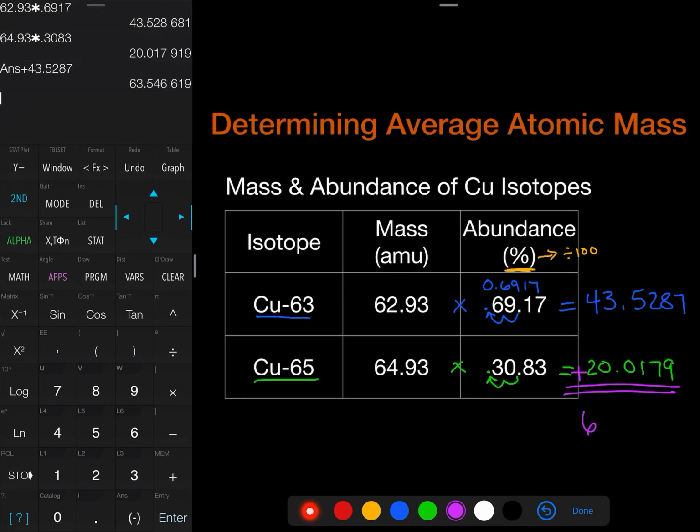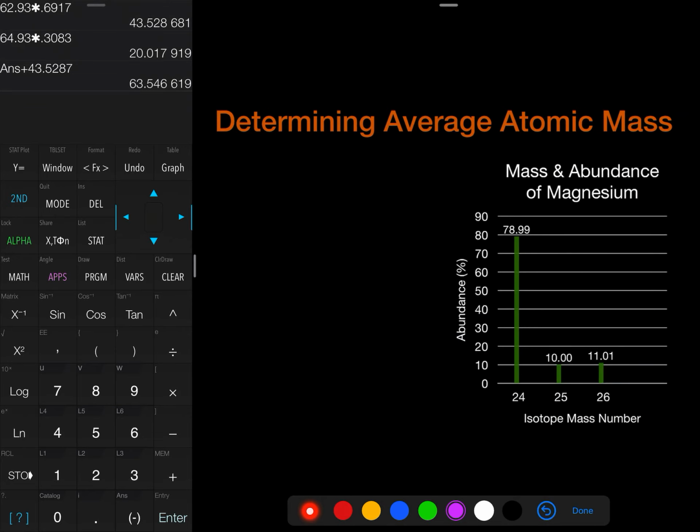And I end up getting 63.55 AMU. Now, since our values for mass were 2 places right of the decimal before, I'm going to maintain that 2 place values right of the decimal on this. We will talk a little more specifically about how we round things later on. So that's one way we can take a look at the data.